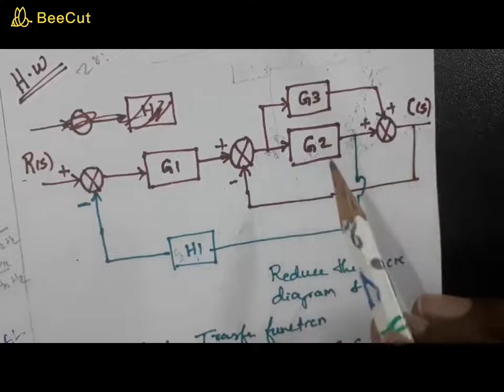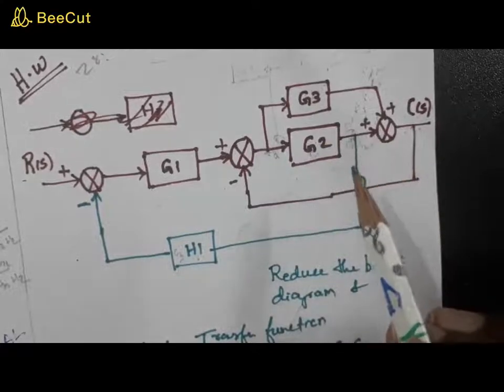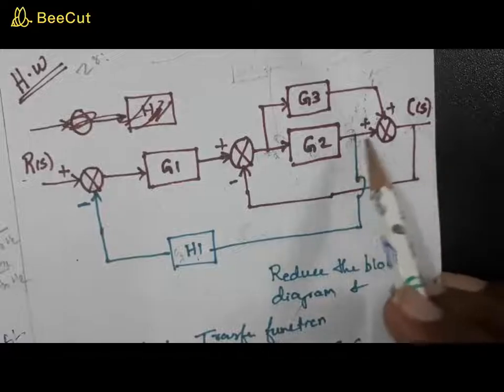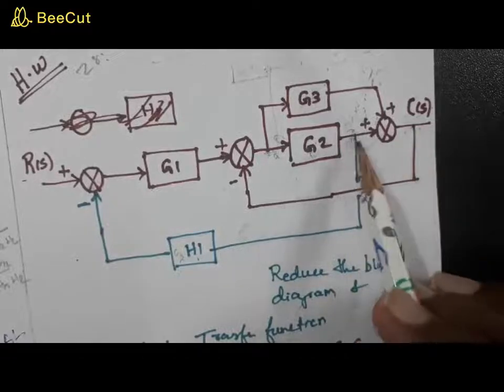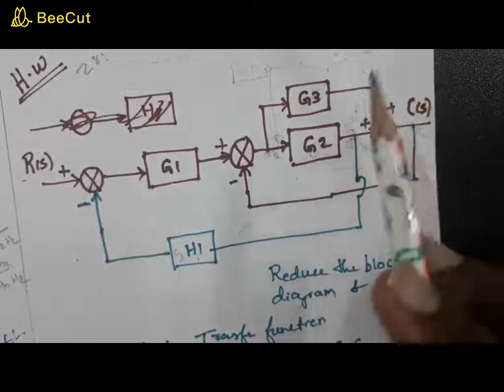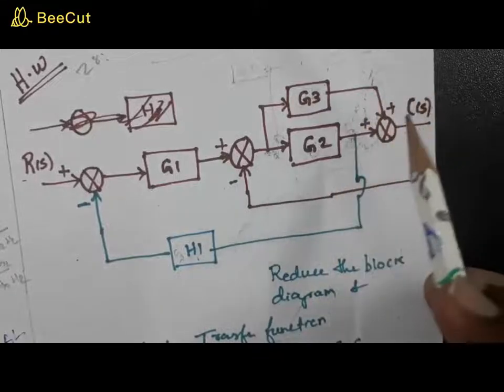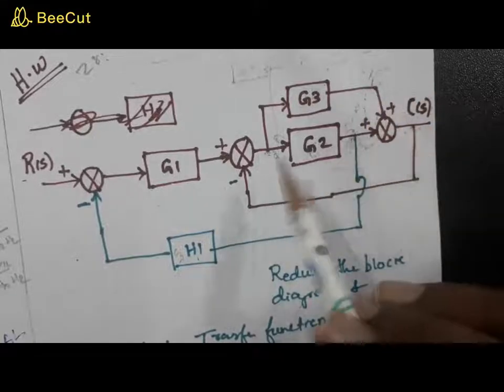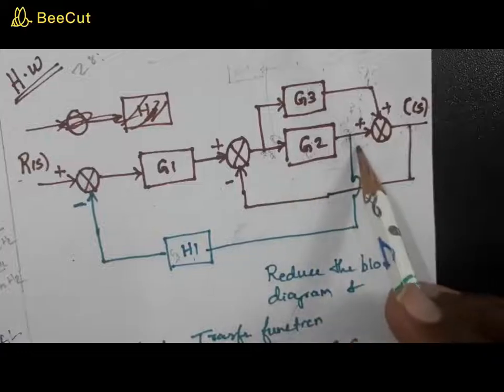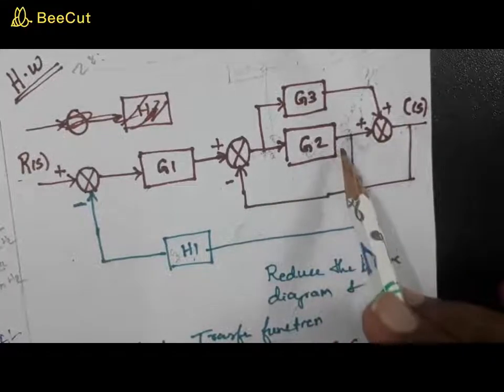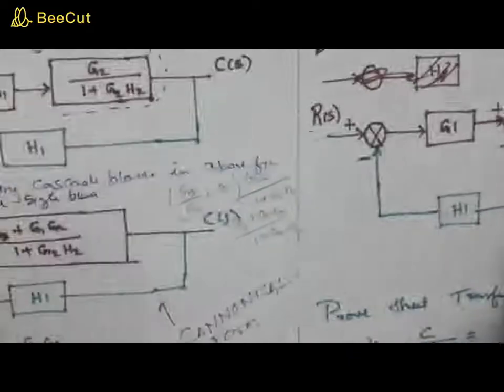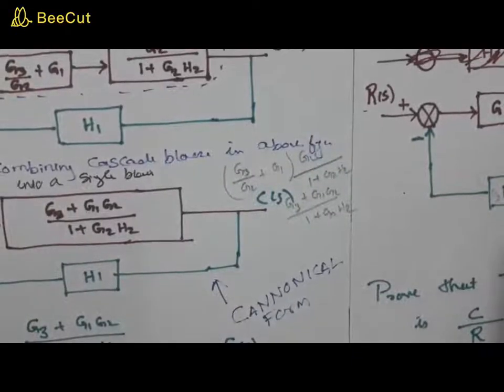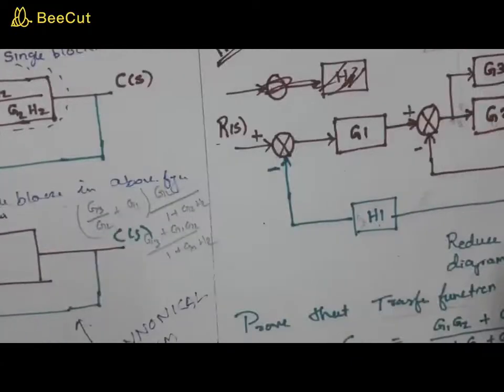So always prefer the block, because to change the position before or after the summer, you need to take care of two inputs, and that becomes more difficult in comparison. So it will always be safe to shift across a block if there is a provision to. But in the previous problem we shifted across the summer because there was no other way.